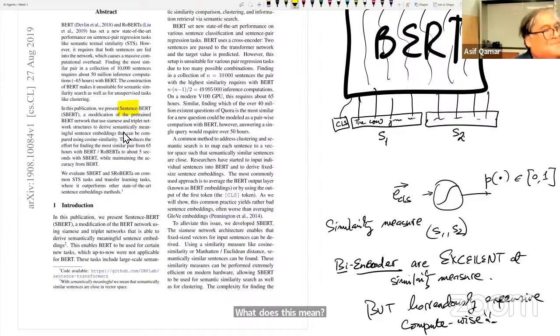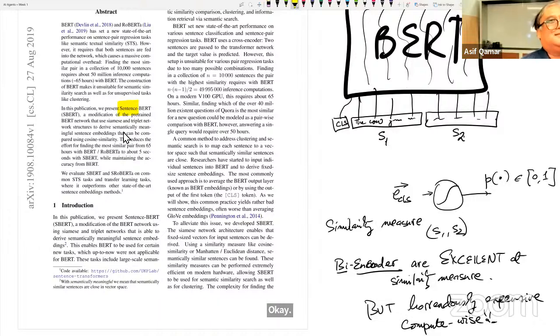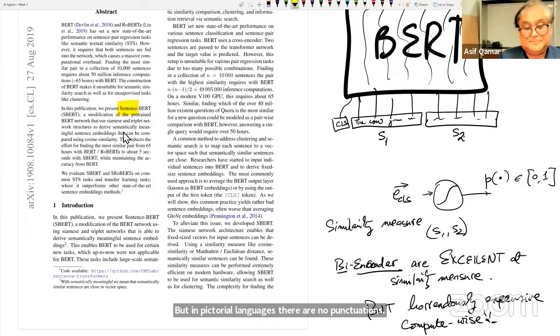Right. So in the same way, in the natural language processing and natural language understanding world, the word sentence is very fluid. Right? English sentences are demarcated by punctuation, isn't it? But in pictorial languages, there are no punctuations from what I'm told. Can somebody confirm that for me? Okay.